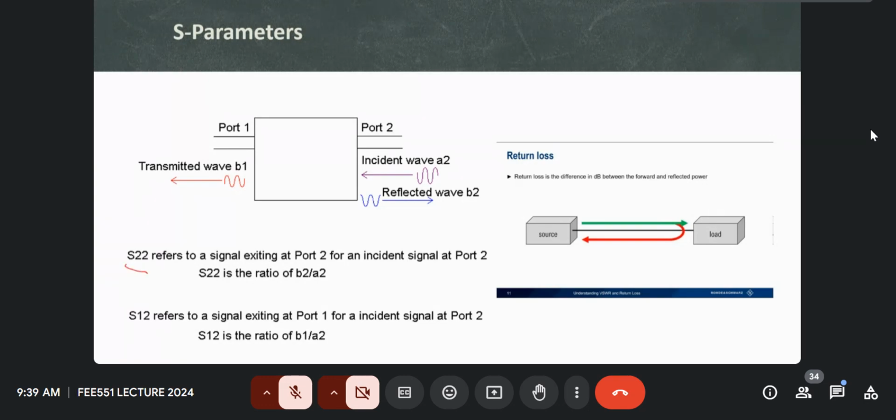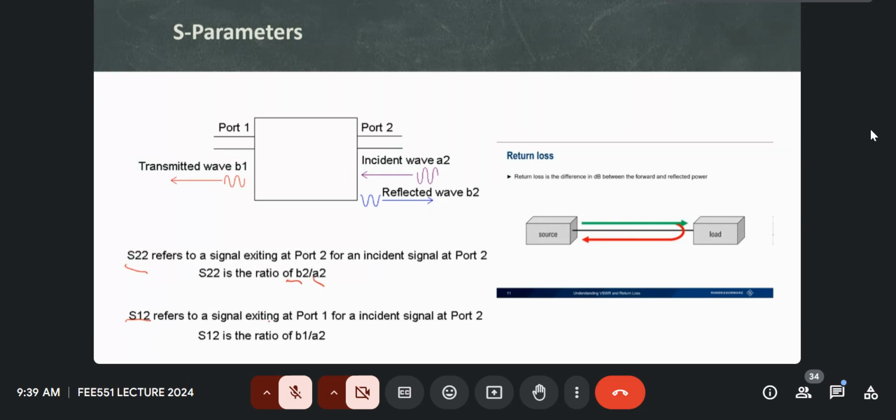Okay, so let's look, for example, at S22. Victor Baraka, could you tell us what S22 refers to? Or maybe just say you can still hear me because I might start talking to myself. S22 is the ratio of B2 over A2, because port 2 is the responding port, B2, and A2 is where you're putting the input. So S22 is a return loss, because it's a ratio of reflection.